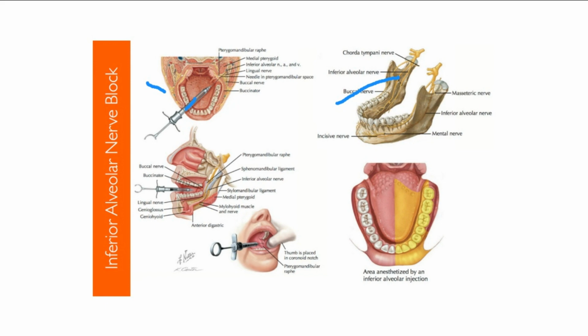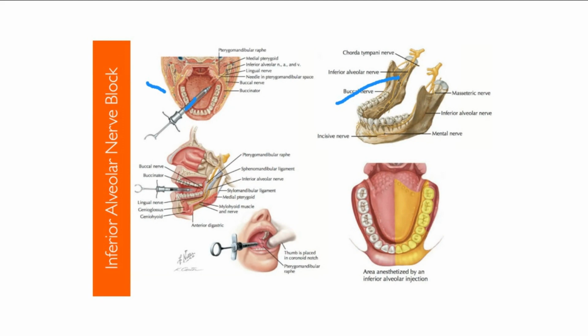Yes, so before I inject the solution or the anesthetic, I'm going to swing my syringe so it's parallel to the occlusal plane. Yes, it is parallel to the occlusal plane, and it will go all the way until you are going in an angle, so you will end up almost touching the bone.